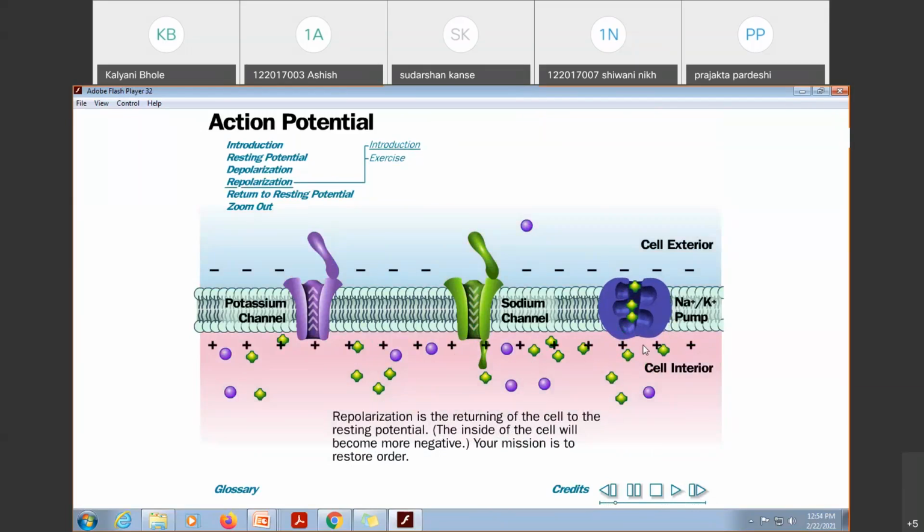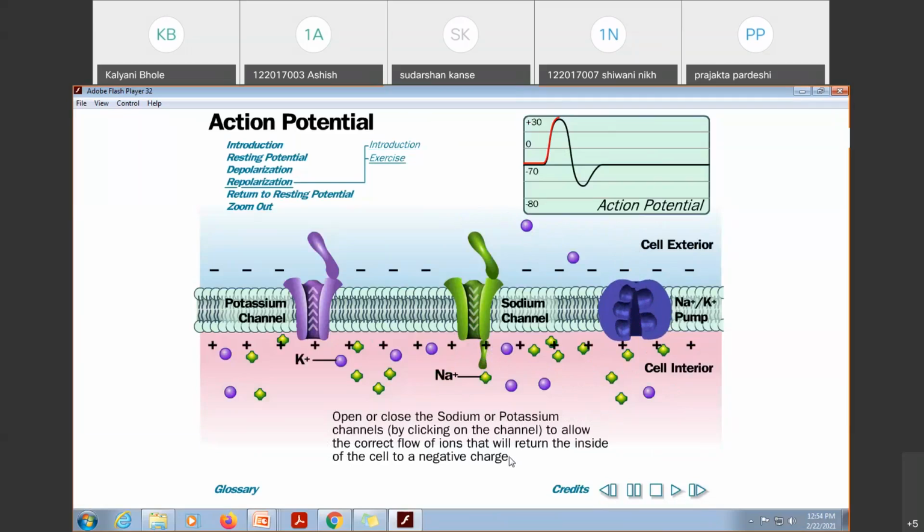And repolarization is nothing but when it is coming to the resting state potential again. The inside of the cell will become more negative. So in this case, what can be done? Which gate should be closed or which gate should be open? How will this repolarization happen?